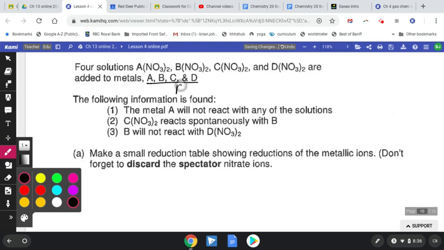Okay, there's the metals. There's our reducing agents. Our oxidizing agents, A2 plus, B2 plus, C2 plus, and D2 plus. Okay. NO3 minus is a spectator ion. All right. Metal A will not react with any of these solutions.